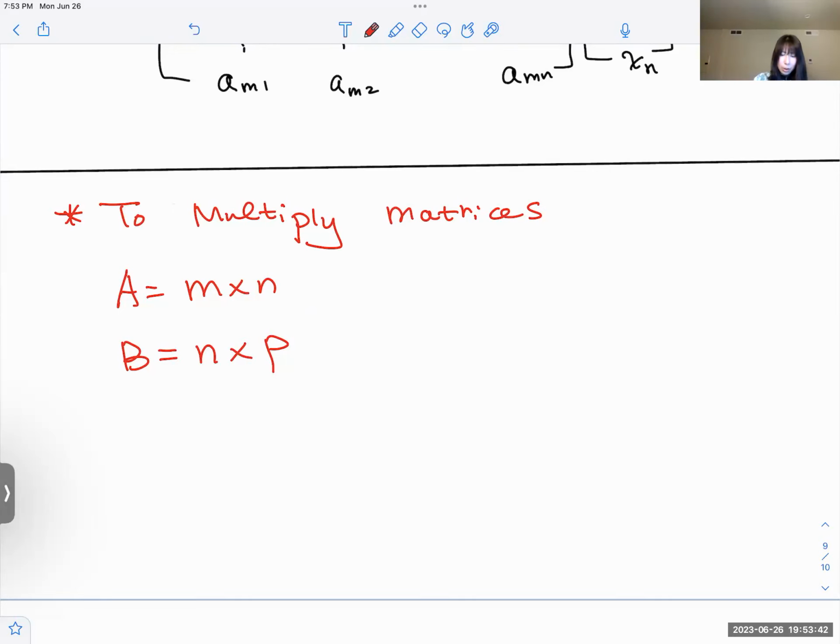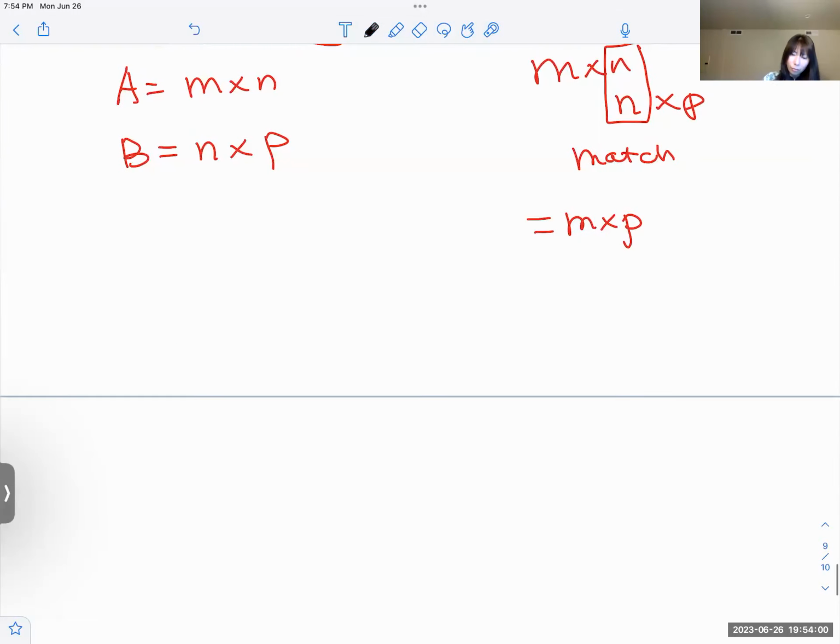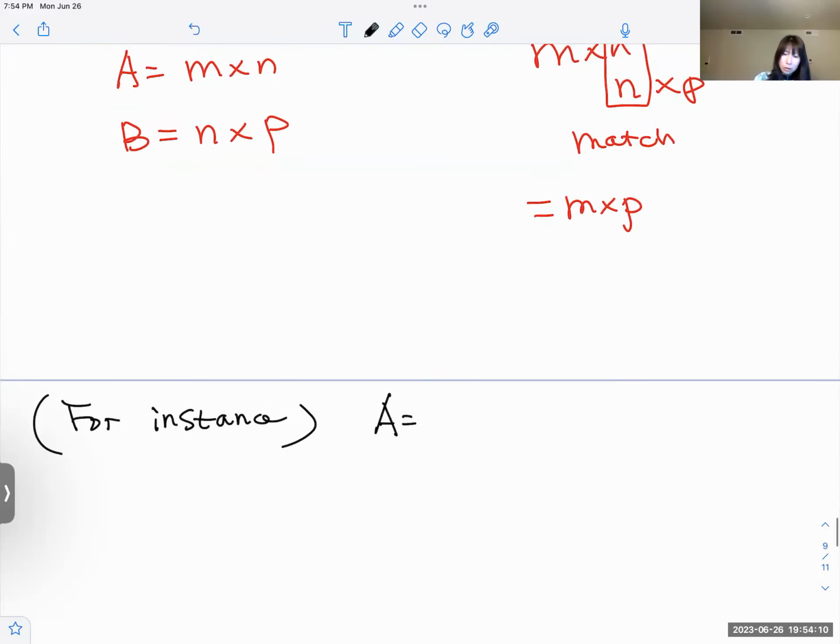So the inner sizes must be matched, and we will get m by p. So for instance, pick a number: A equal to 3 by 2, B equal to 2 by 3.